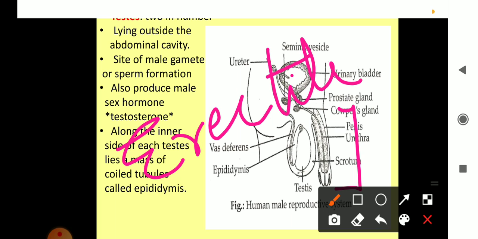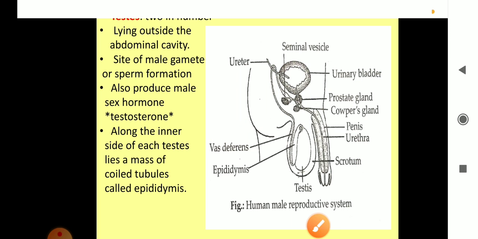At the time of sexual excitement, the erectile tissue gets filled with blood, causing the penis to become erect, and then it is used to eject the sperms into the vagina of the female. And the sperms are tiny bodies which consist mainly of genetic material and a long tail, which helps them to move towards the female germ cell, or we can say ova, the female gamete.